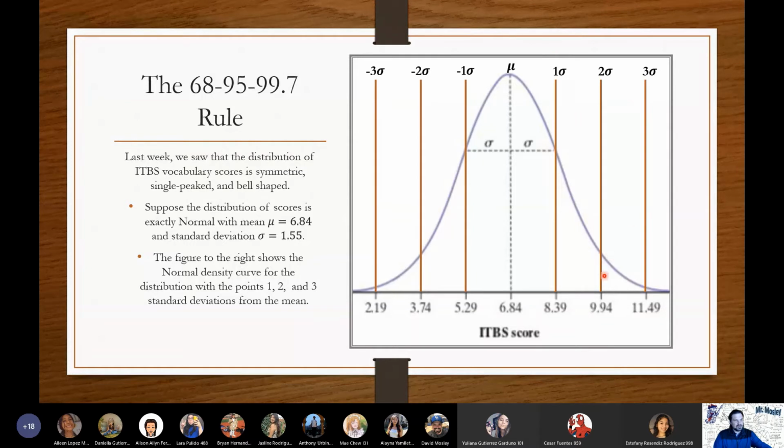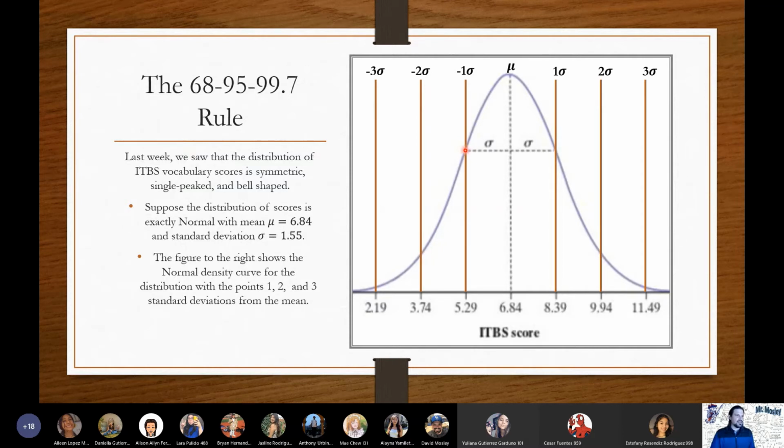I've got these labeled here for us. We can see one standard deviation to the left puts us at 5.29. One standard deviation added to the right gets us 8.39. When we go to 2 over, we're up to 9.94 on the right, subtracted to 3.74.